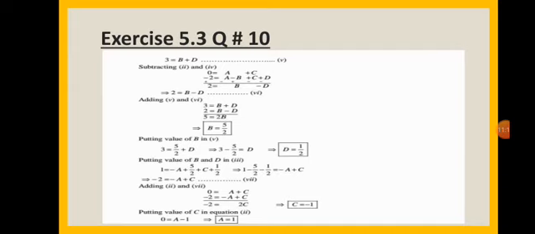Now we will put this value in equation 1, that is a plus c is equal to 0. So a is equal to minus c and c is equal to minus 1. So in this way we find out the value a is equal to 1.